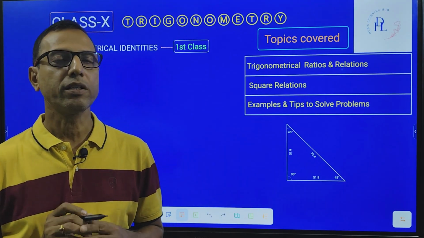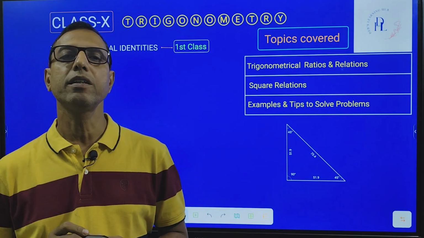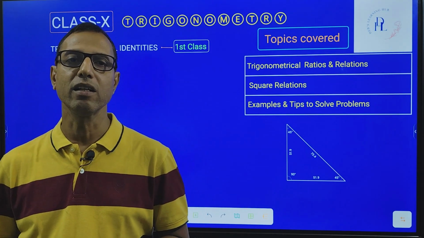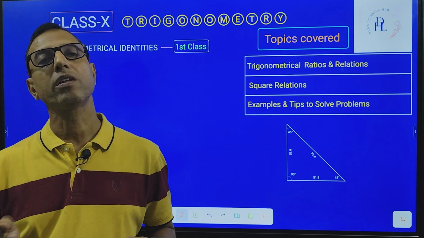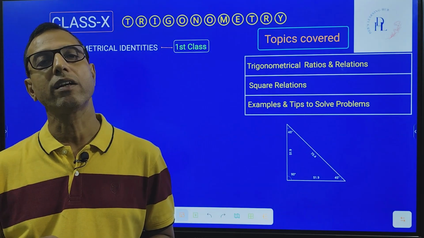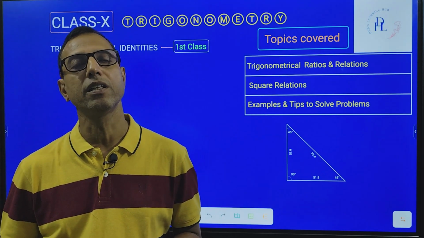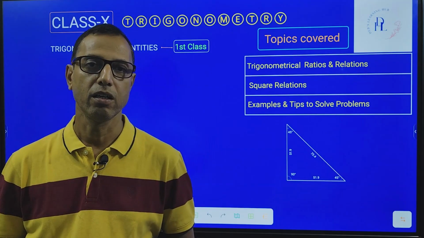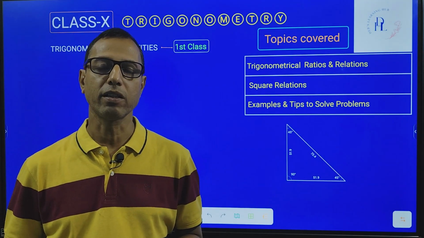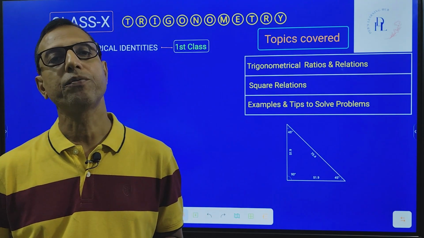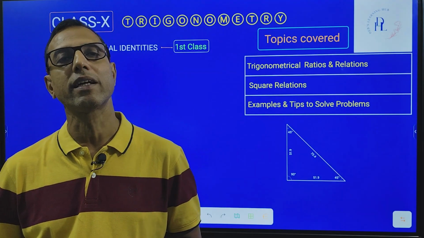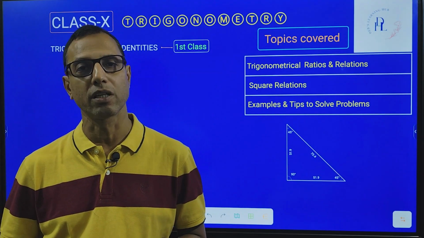By this time, you know that there are different types of triangles. If all the sides are equal in a triangle and all the angles are also 60 degrees, those are called equilateral triangles. If all the sides are unequal, that is called a scalene triangle. If only two sides are equal, those triangles are called isosceles triangles.